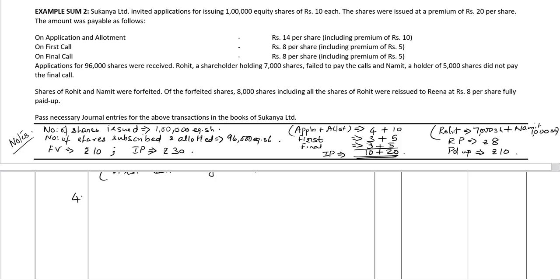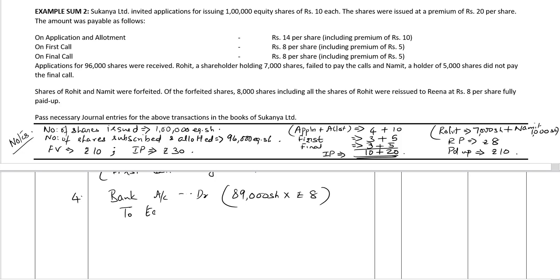Fourth entry is for the receipt of the first call money. Bank account debit. We haven't received first call from Rohit, who holds 7,000 shares. So we've received on 96,000 shares minus 7,000 shares, which is 89,000 shares. The first call money is rupees 8 per share.